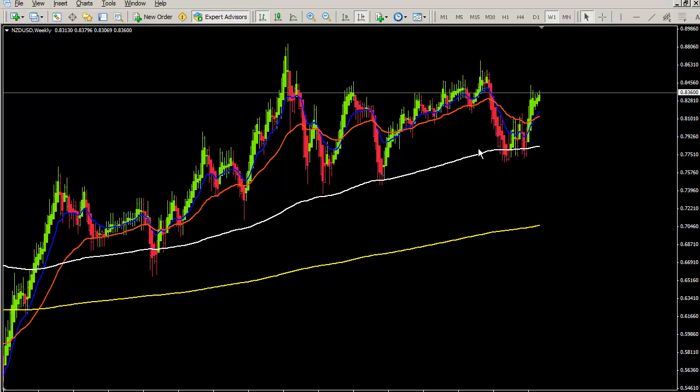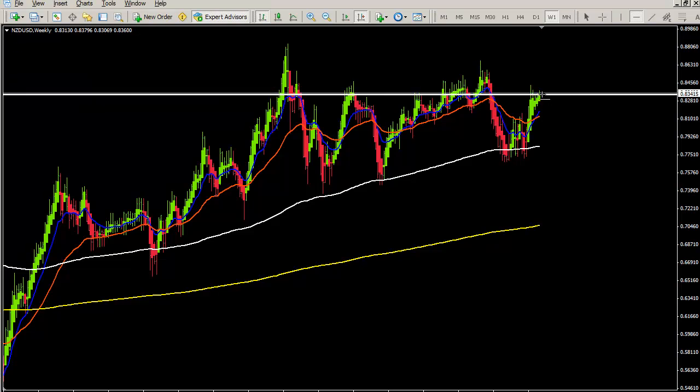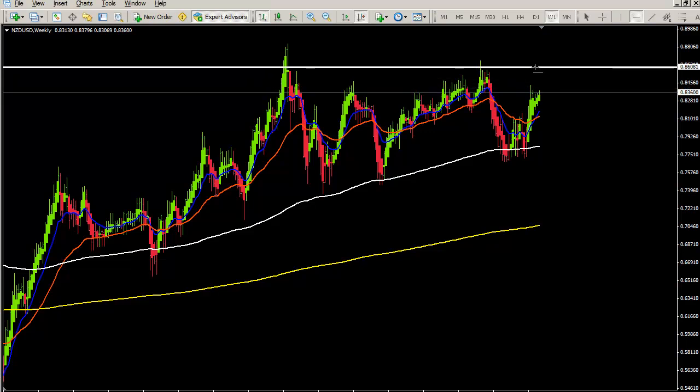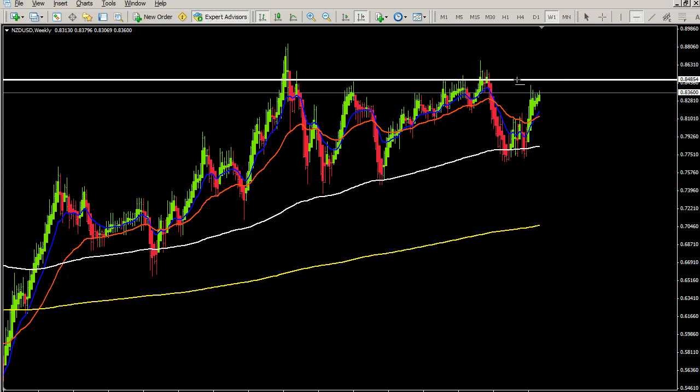Okay, so we have a lot of support and resistance. If I draw my support line, this is the price here, and the horizontal resistance line close to the price would be where? Somewhere here, correct? Look at all this here.